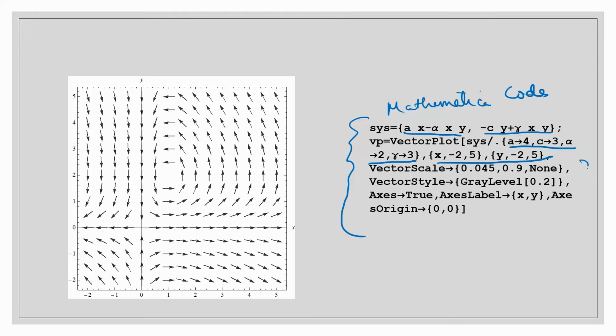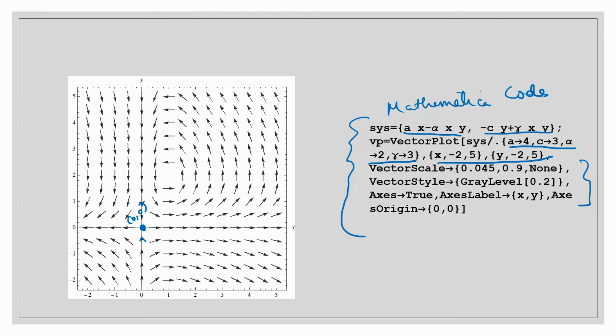Other things you can leave as they are, and you can generate the figure for the vector plot for the given differential equation. Now you can see this is my (0, 0) point, and since this was a saddle point, one of the eigenvalues was negative, so you can see that from this side it is approaching the (0, 0) equilibrium point, but from the other side it is going away.